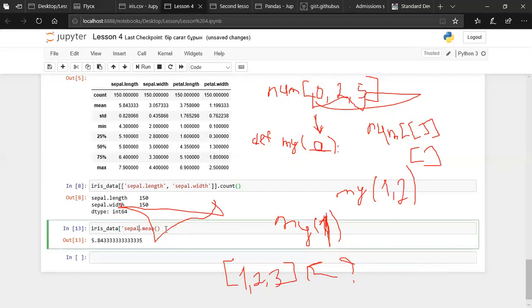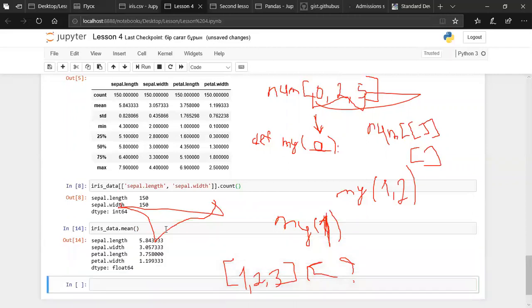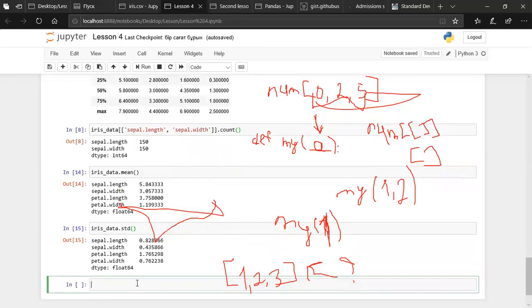Okay. So yeah, it finds the means. Mean is like the average. Can you find the standard deviation? I think there's a function. Yeah, std. You found it.